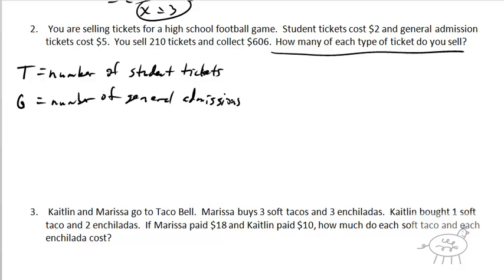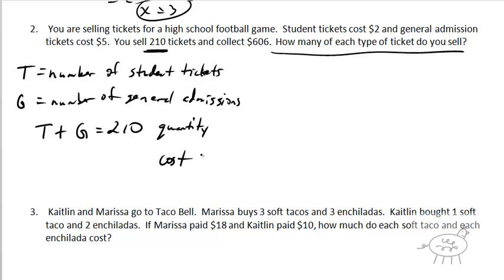Alright, so let's look at what they have here. First of all, this is the number of tickets sold for students and number of tickets sold for general admissions. I sold 210 tickets. So what are you going to do? You are going to do T plus G equals 210. Okay, so that's our quantity.